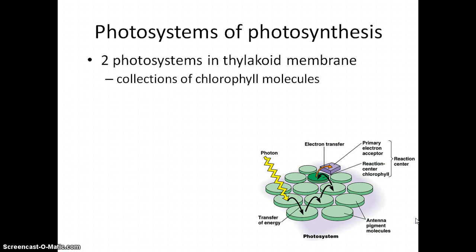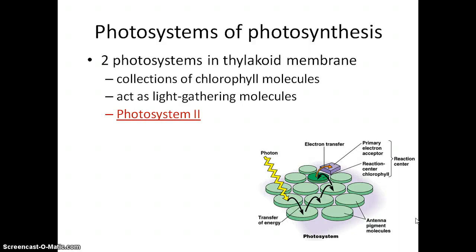So looking closely now, we're going to zoom in even more and look at the photosystems in photosynthesis. We have two different photosystems in the thylakoid membrane. Essentially a photosystem is just a collection of chlorophyll molecules, and they act like light gathering molecules.